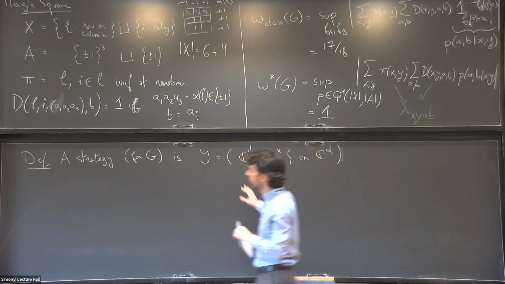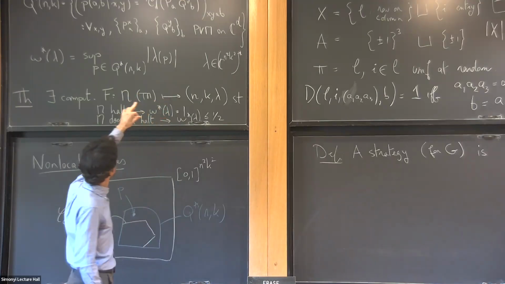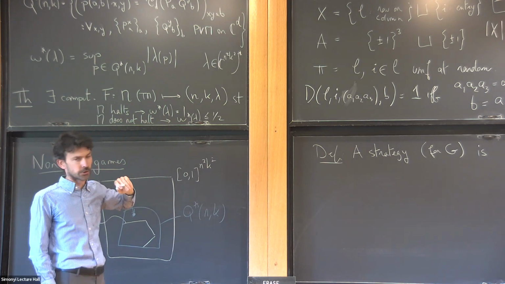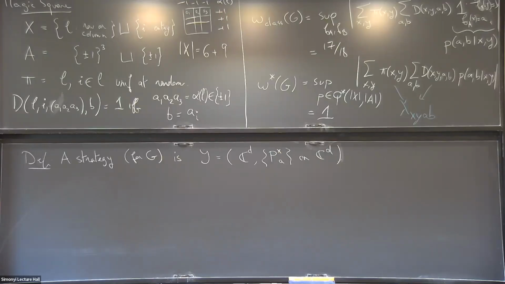So the strategy says what is the underlying object that generates the distribution that the players generate in the game. I could have said that strategy is the distribution, but no, I'm really saying the strategy is the thing that underlies the distribution.